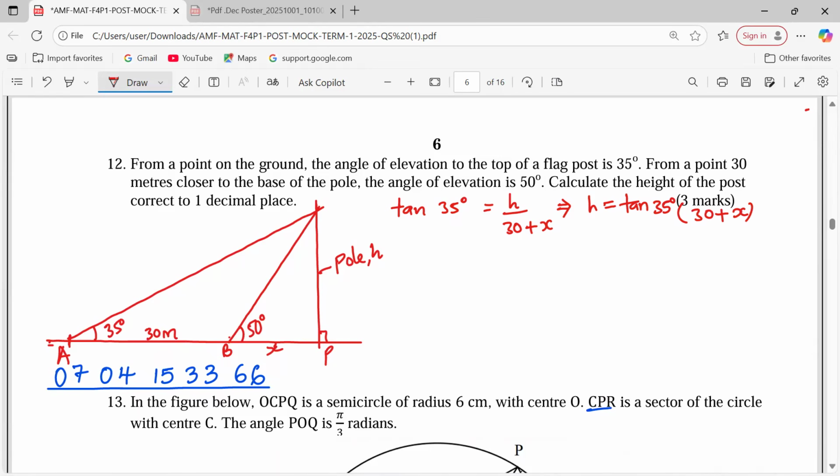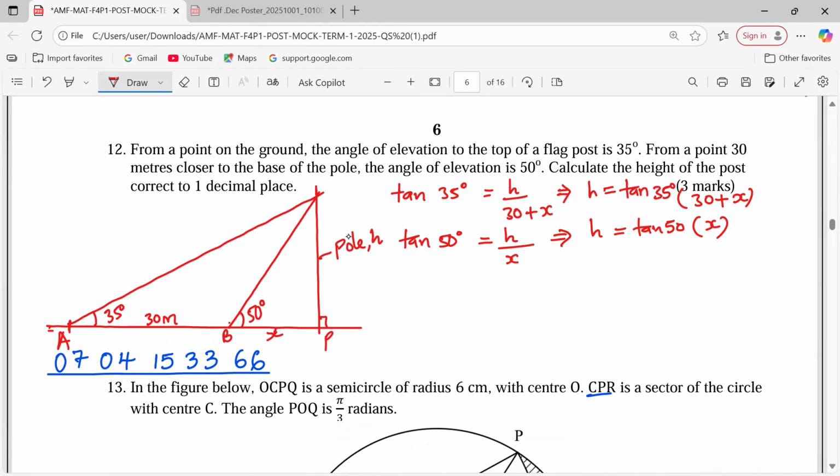Again, tan of 50 is given by opposite, which is h, out of adjacent, which is x. So to remain with h, tan of 50 should multiply x.